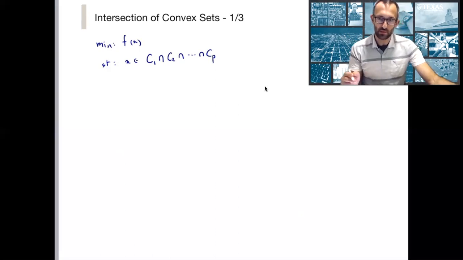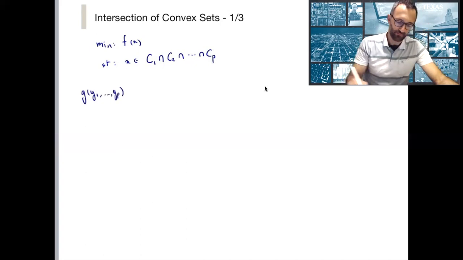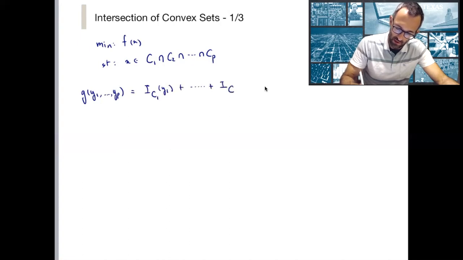So to put this into our general template, we need to minimize f of x plus g of Ax. So what's g going to be here? g of y1 to yp is going to be the indicator function of C1 at y1, plus the indicator function of C2, plus the indicator function of Cp at yp.